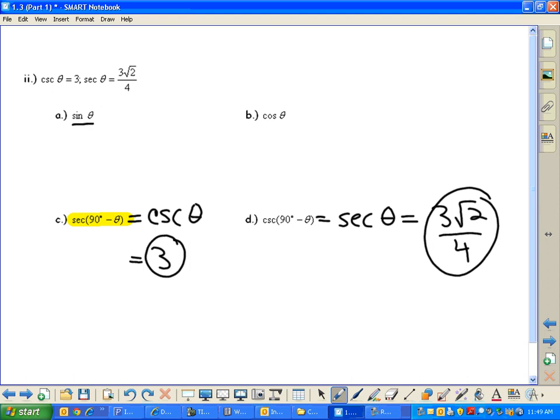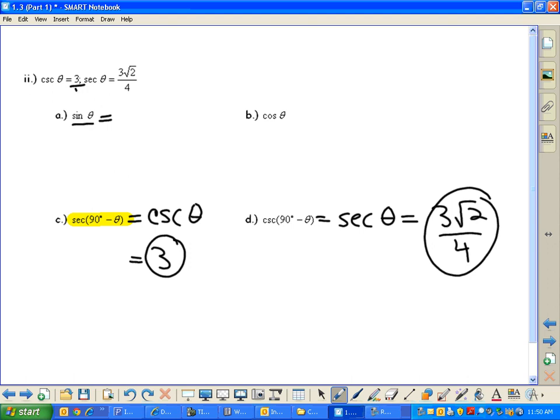So I have a question for you. The sine of theta is the flip of which one of these two things? Is sine of theta the reciprocal of cosecant? Or is it the reciprocal of secant? Do you remember? Adam. Cosecant. Yes, very good. So all I have to do is flip my cosecant value.